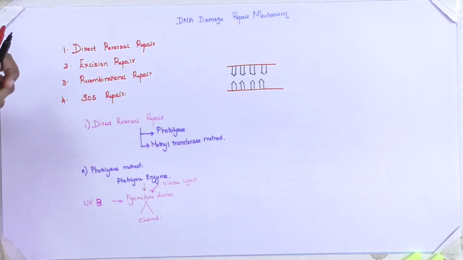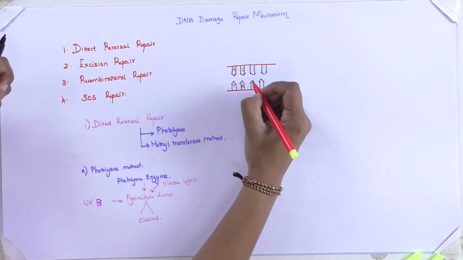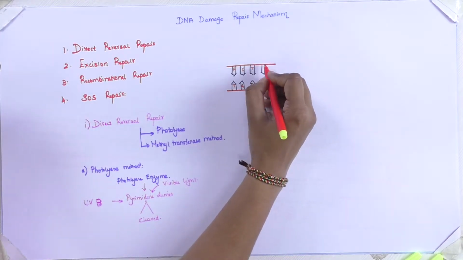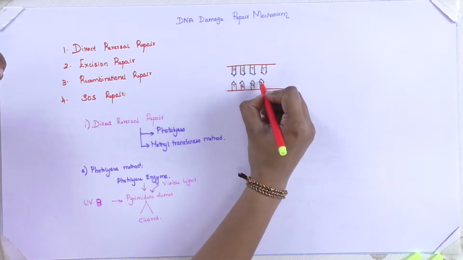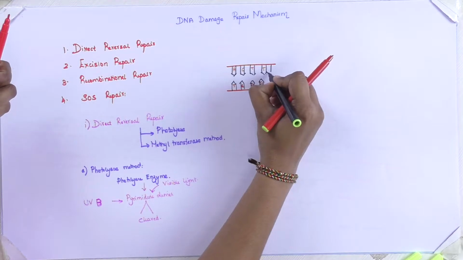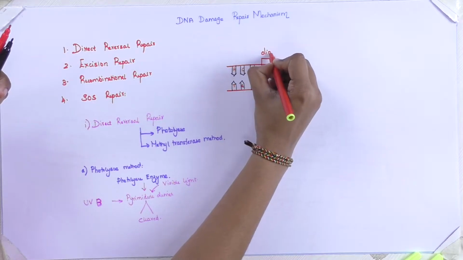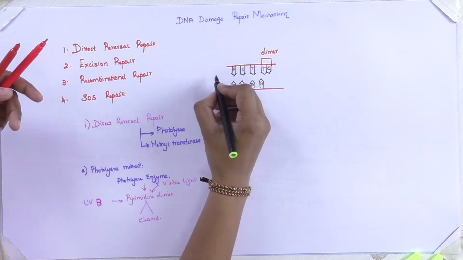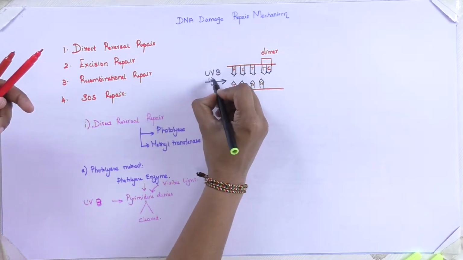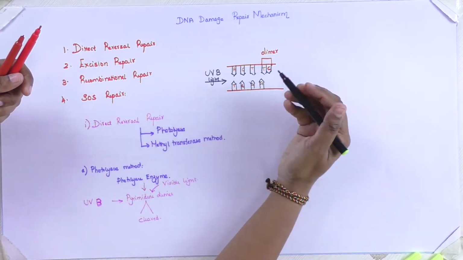For example, you can take A pairing with T, C pairing with G, T pairing with A, and you also have T and A, and the first here is C. So this dimer, which is formed in the body, is to be rectified, and this dimer is formed by UVB light. You can take any of the UV light, and the dimer is formed with the help of UVB light. Now this dimer has to be rectified.